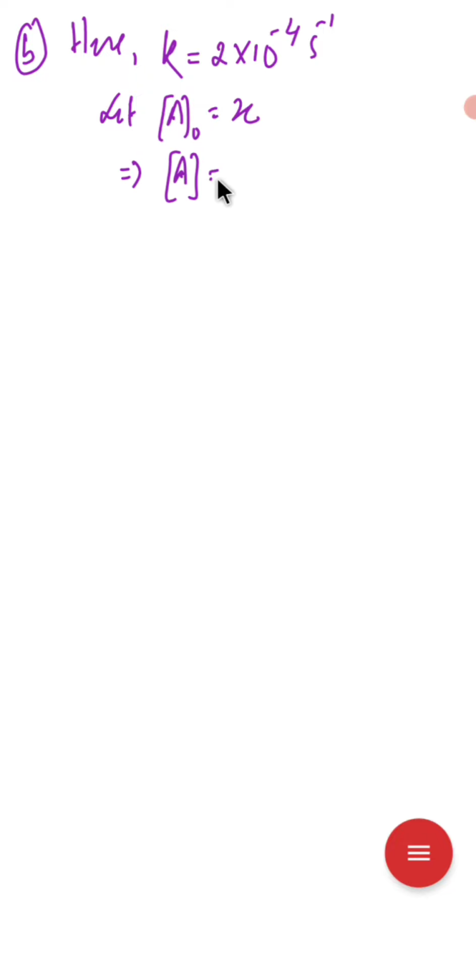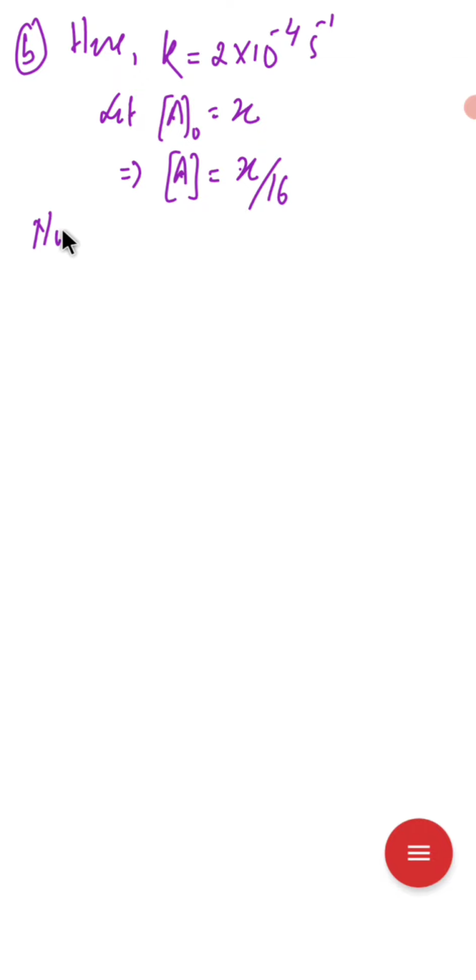here we are given the value of k is 2 into 10 to the power minus 4 per second. So we need to calculate the time taken for the initial concentration to reduce to its 1 by 16th value. So let a naught be x. So this implies a will be x by 16, right?